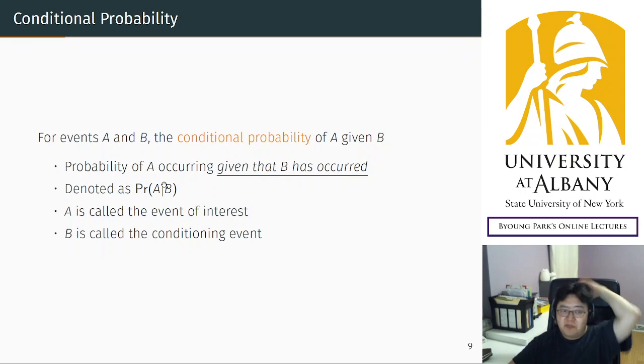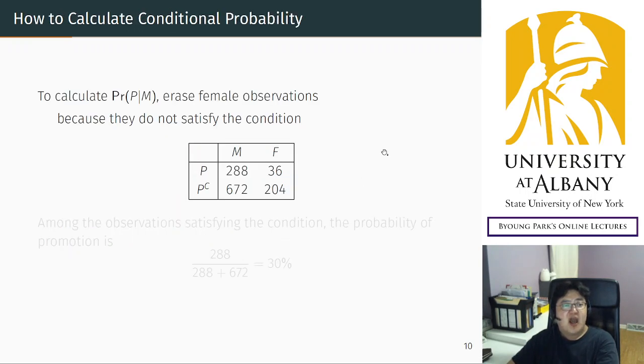The vertical bar stands for condition, so the condition comes after the bar. Remember the order: the first one is the main event of interest, and the second one is the condition. B already happened. So you should distinguish them. And then, how can we calculate the conditional probability? It's easy.